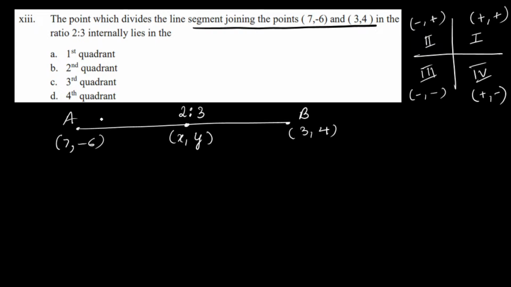Now I'll just write here. Section formula we know, that means basically in this question we have to find this xy. So A's coordinates I am writing as x1, y1, this is xy, and B's coordinates I am writing as x2, y2, and this is the ratio, m1 is to m2.